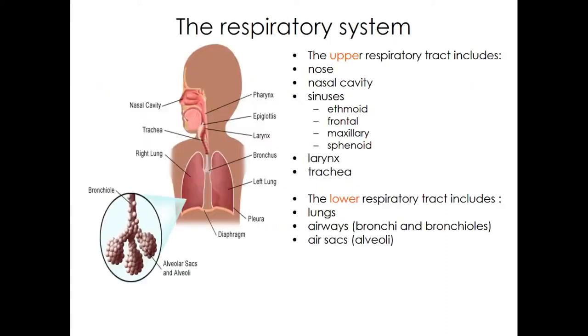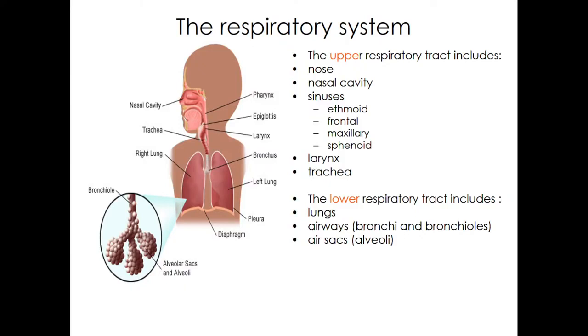From anatomy, you know that the respiratory system consists of the upper respiratory tract and the lower respiratory tract. The upper respiratory tract includes the nose, nasal cavity, sinuses (ethmoid, frontal, maxillary, sphenoid), larynx, and trachea.